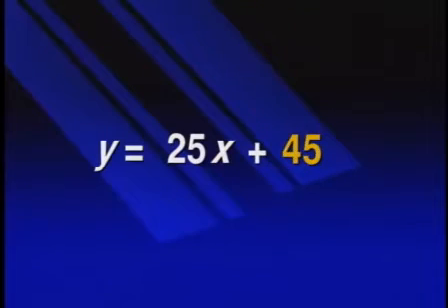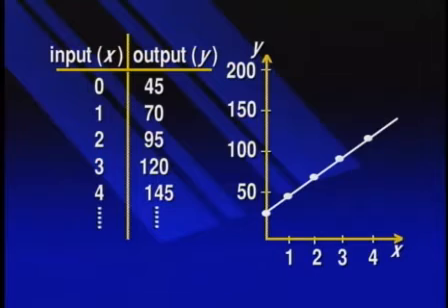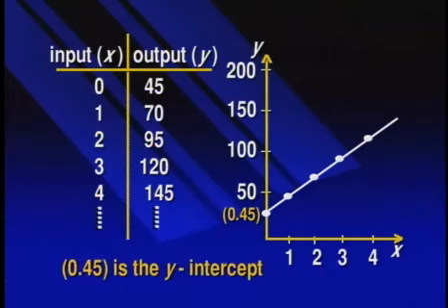And I think we saw that this value 45 is the output value that corresponds to the input value of 0. So (0, 45) can be found in the table. Likewise, on the graph, we find the point (0, 45) at the intersection of the line with the vertical axis. For that reason, we call it the y-intercept.